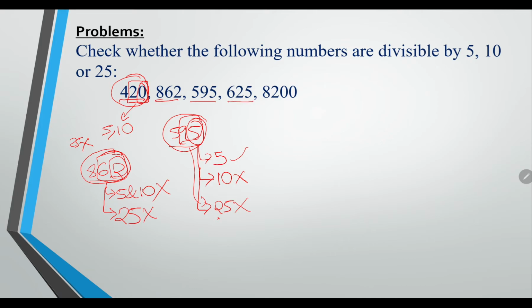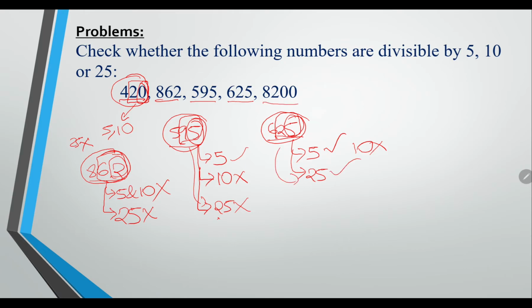Let's consider 625. Its unit digit is 5, so we can say that it is divisible by 5 but not 10. And next, we have to consider 25. As per the divisibility rule of 25, we have to take the last two digits, which is 25. 25 is divisible by 25, so therefore 625 is divisible by 25.